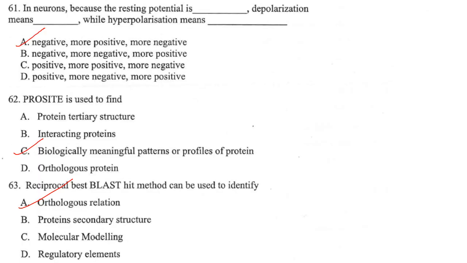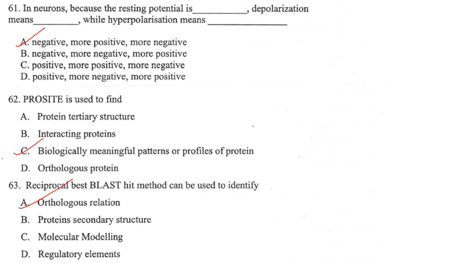Then, in neurons, because the resting potential is dash, depolarization means dash while hyperpolarization means dash. So, resting potential is negative. This means the interior of the cell is negatively charged compared to the outside. And hyperpolarization happens when membrane potential becomes more negative. That is, opening of channels that let positive ions flow out of the cell causes hyperpolarization.